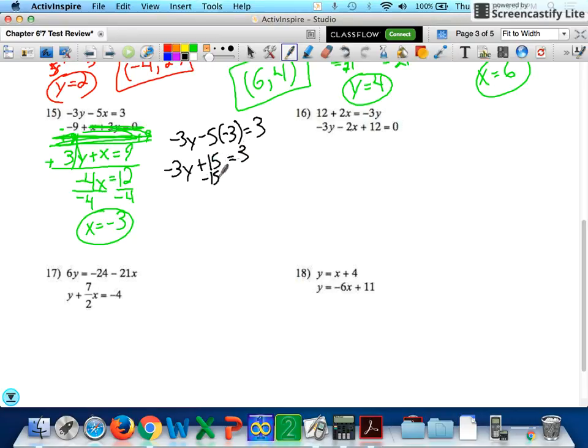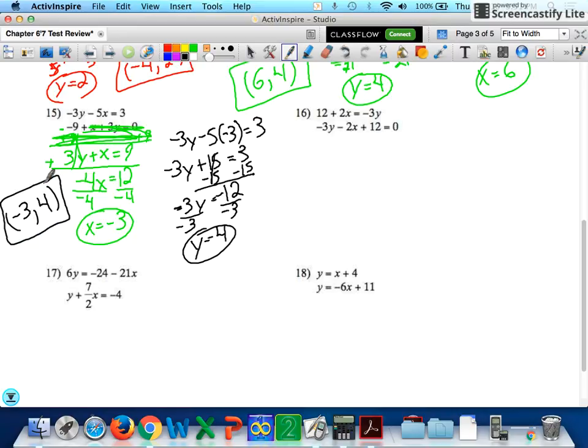And so we're going to subtract 15. Those cancel. I get that negative 3y equals negative 12. Thus, y equals 4. When I put those together, I get one answer, and that answer is negative 3, 4. That's my intersection point.